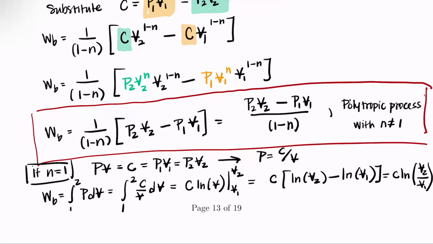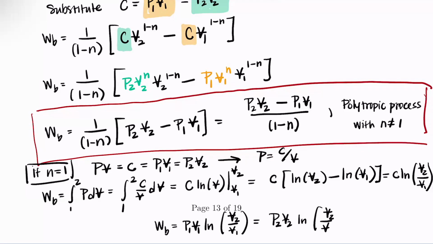All right, so this means that WB is equal to P1 V1 natural log of V2 over V1, or we could also use P2 V2 natural log of V2 over V1. And this is for n equals 1 and a polytropic process.